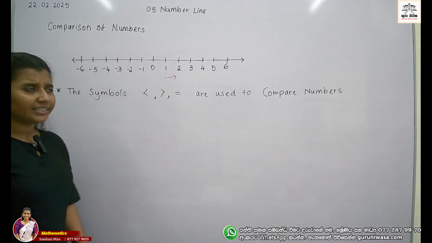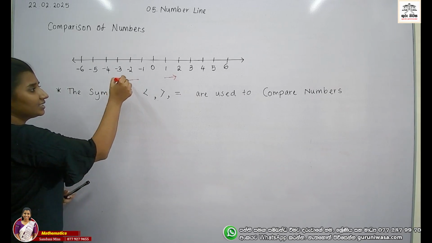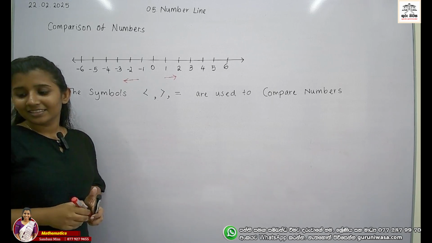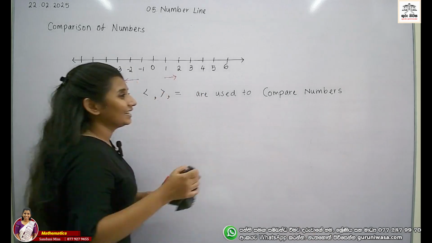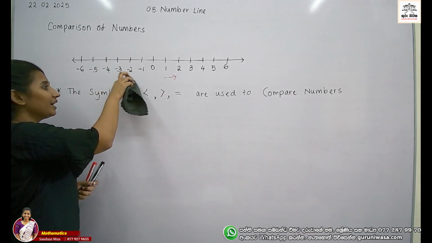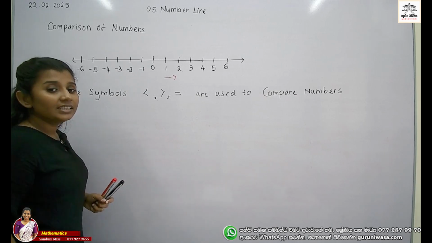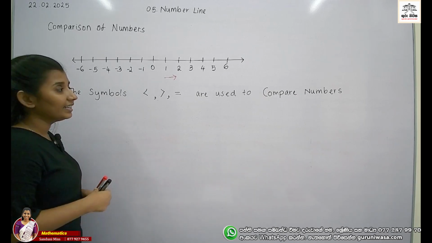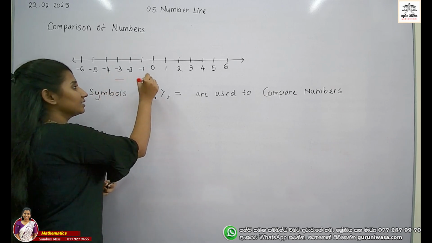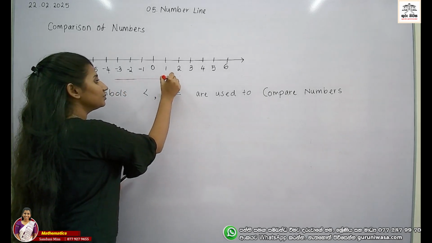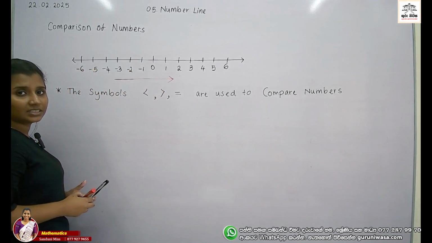What can you say about negative ones? Are they increasing in this direction? Yes, teacher. No, it is not, darling, right? So that is the point. All the numbers in the line are increasing in this direction.